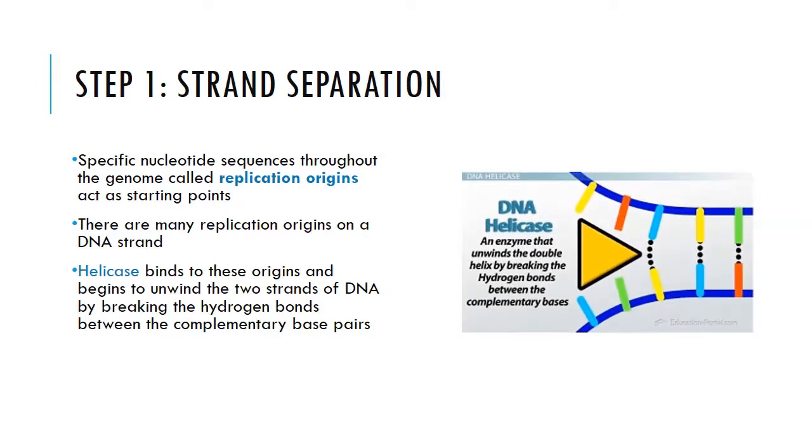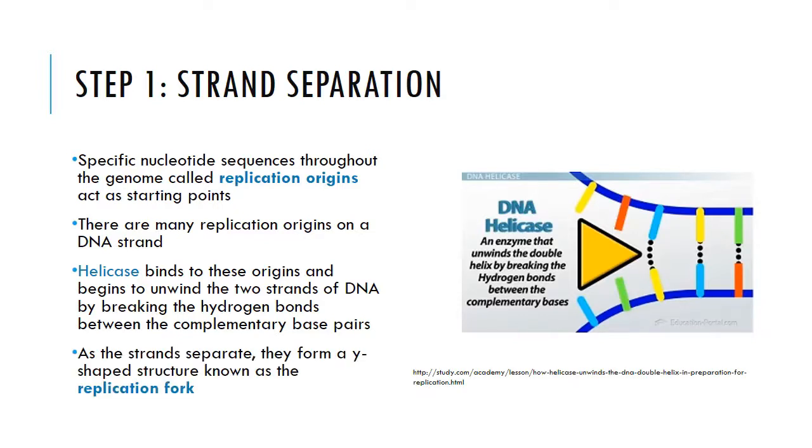So if we can imagine from this little diagram here that helicase is our yellow arrow, it's going to start breaking the bonds between the 2 DNA strands that we see here in blue, and the bases, which are in the multiple colors, breaking through those black dots, which are going to represent the hydrogen bonds. As those are broken open, we're going to form a structure that looks a bit like a Y that we're going to call a replication fork.